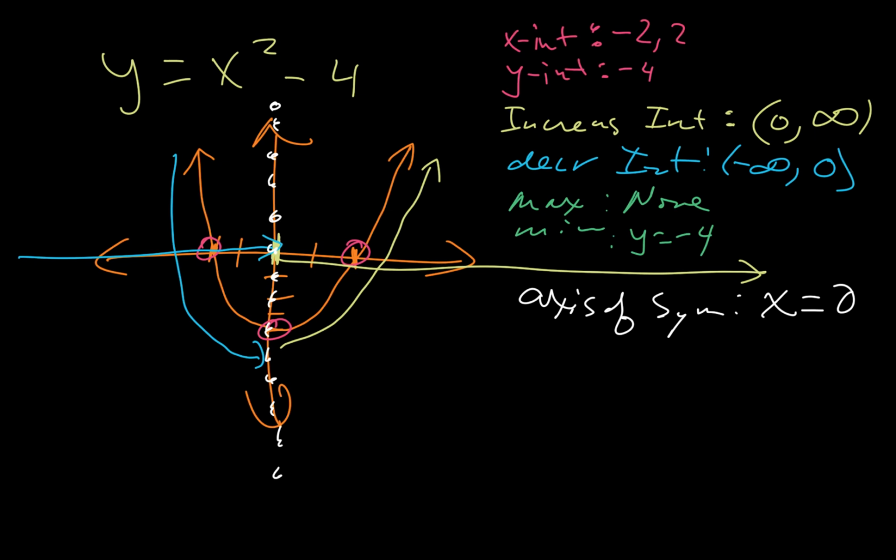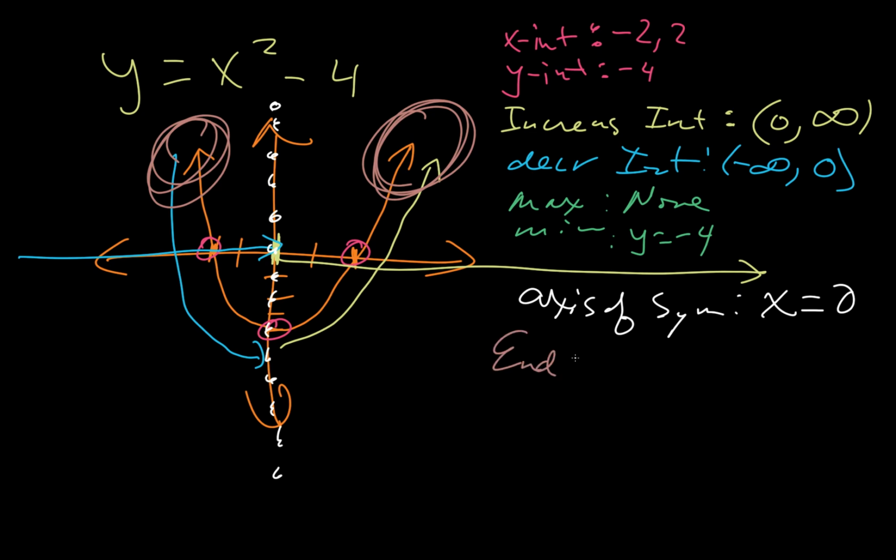End behavior. So right here and right here is really where we're looking. So we ask the question, as x approaches infinity, or as we go to the right, what does y do?